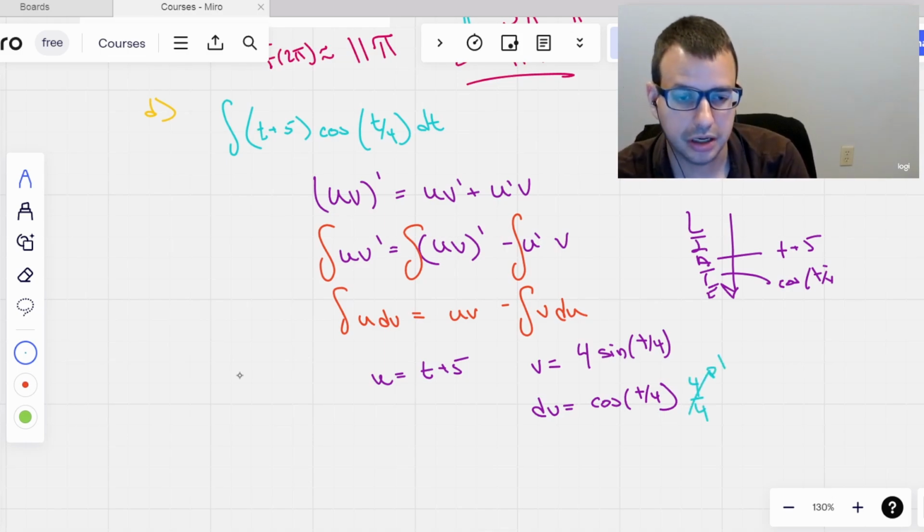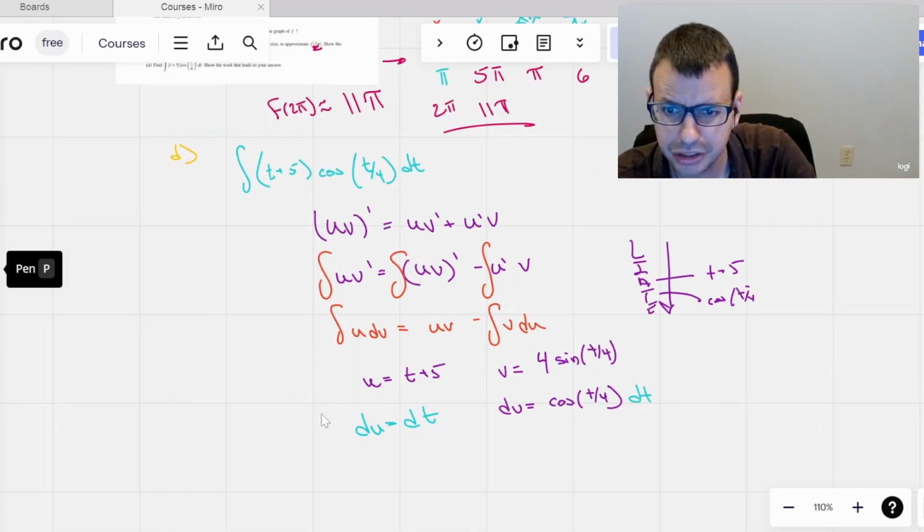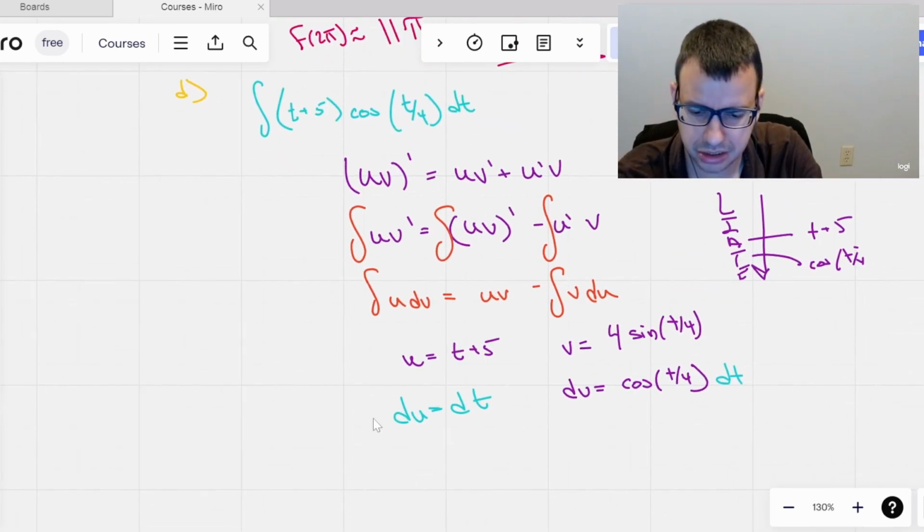So maybe adequate. And then do the easier one, du equals dt. I should probably have a little dt over here as well. All right, so that looks plausible, if not even correct.